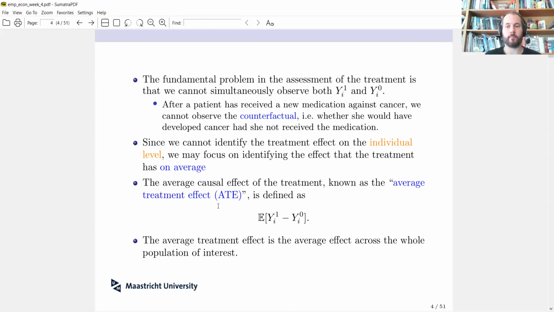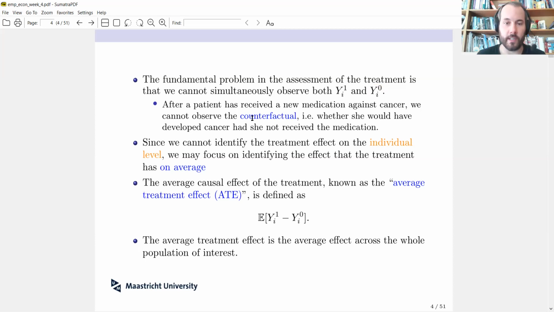Okay, now the big problem, of course, when we want to assess the effect of a treatment is that we can never simultaneously observe both potential outcomes. If I have a patient in medicine and I treat that patient with a certain medicine, then I can only see this. I cannot observe anymore what would have happened to the same person had I not given that person the medicine.